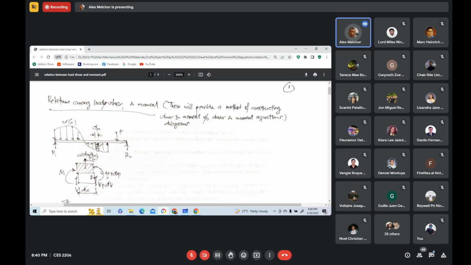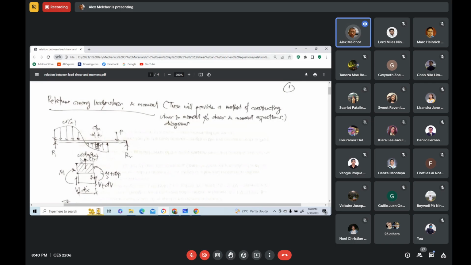Now this load is acting upward, and this dx is very small, so the area is shown to be rectangular because dx is very small, and the area is the base dx times the height, which is the intensity of this loading right at this section, which is w.